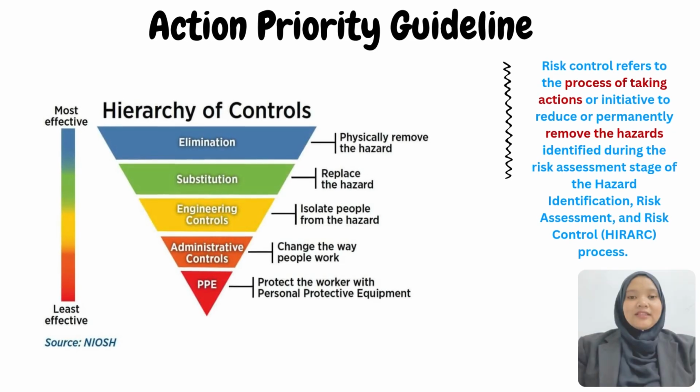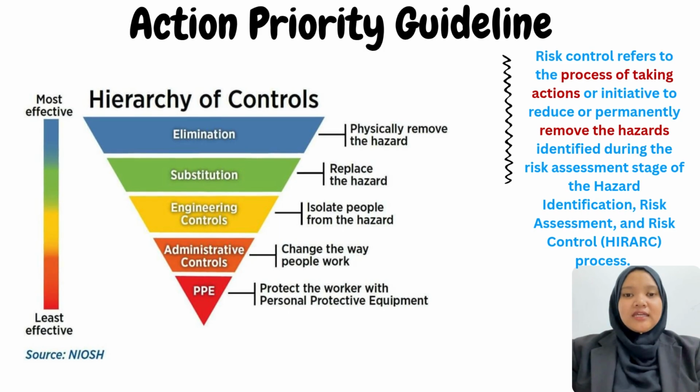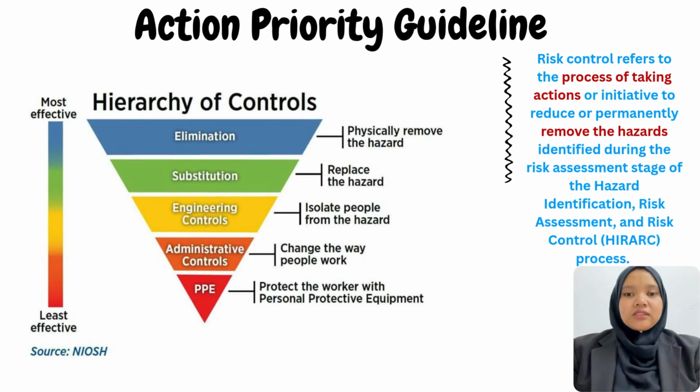You can see in the slide, the hierarchy of control is a key part of managing workplace hazard. It guides us in choosing the most effective ways to control or eliminate risks. This hierarchy is arranged from the most effective to the least effective methods. First, elimination. This means physically removing the hazard from the workplace. Second, substitution, replacing the hazard with something less dangerous. Next is engineering controls, isolating people from the hazard using equipment or design.